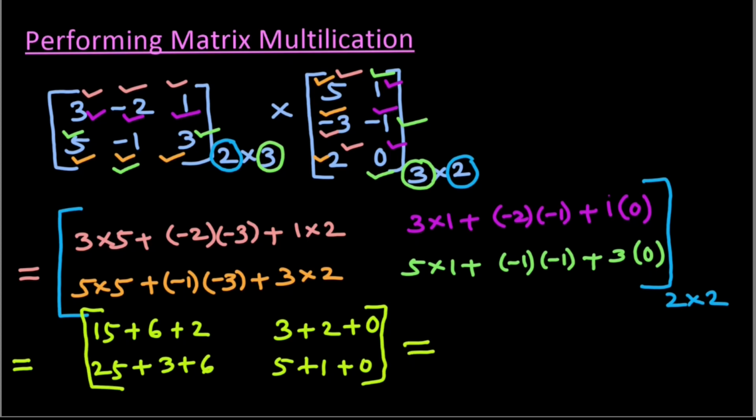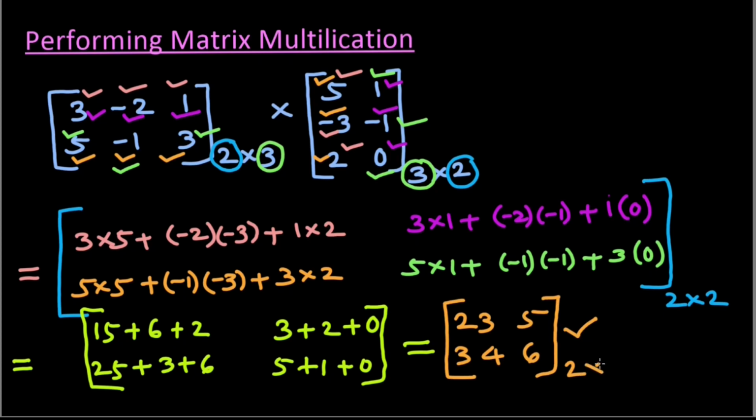So finally, the resulting matrix will be 23, 5, 34, 6. So this matrix, which is a 2 by 2 matrix, is the result of this matrix multiplication.